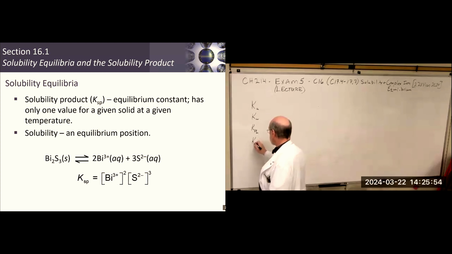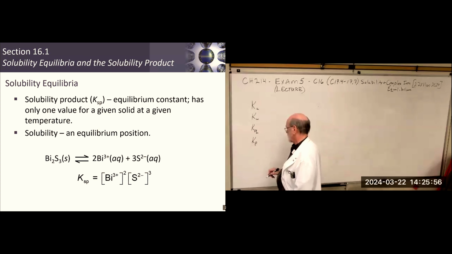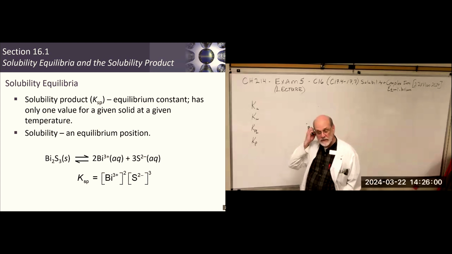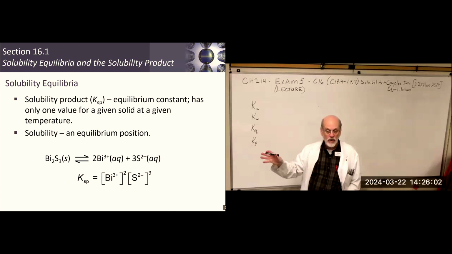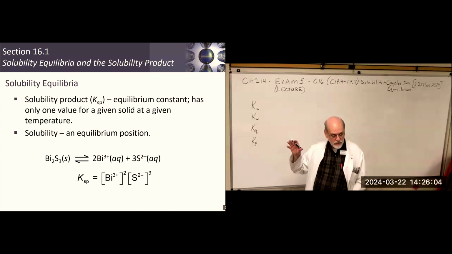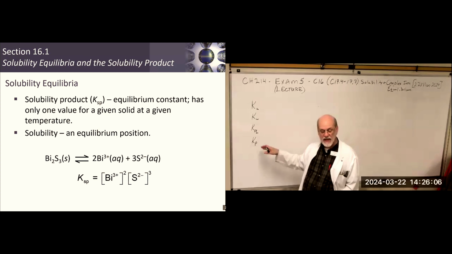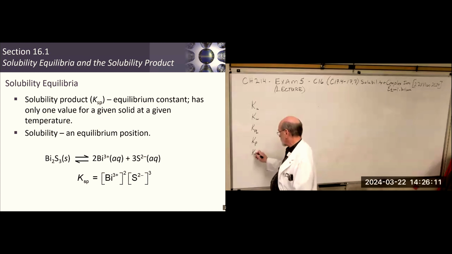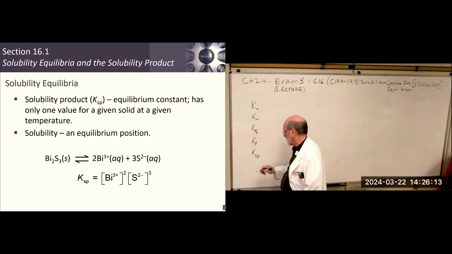And then there's Kp, which is the equilibrium constant when you have all gases and you're using pressure values like atmospheres. Well, the next one that we're going to study is Ksp.